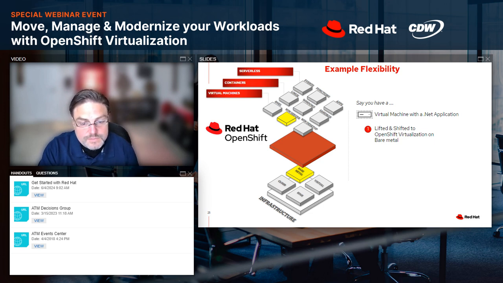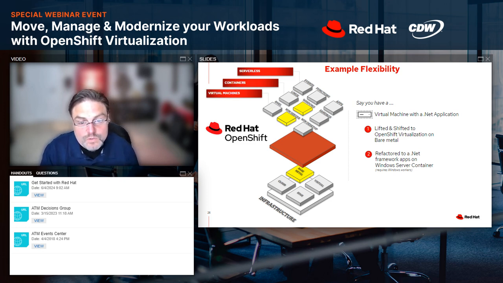We actually have something called the Migration Toolkit for Virtualization to help you bring that virtual machine into the OpenShift ecosystem and have it running on top of OpenShift Virtualization. But we do provide the potential for a modernization journey. So you can refactor the application to .NET Framework apps on a Windows server, not just lift and shift.